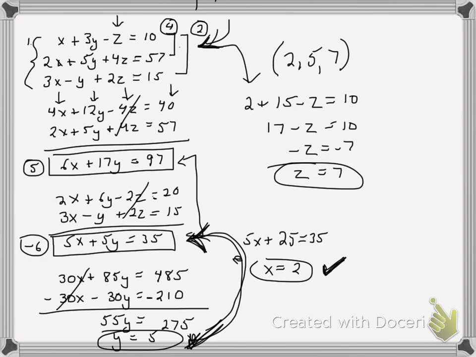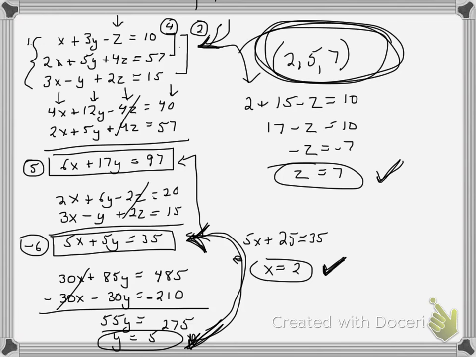I chose the first one, and plugging that in, I get z equals 7. Writing it out as an ordered pair, which is no longer an ordered pair, it's actually a 3, right? It's an ordered, I don't know, triad, something. Okay, we get 2, 5, and 7.